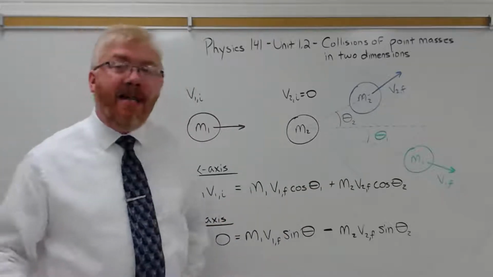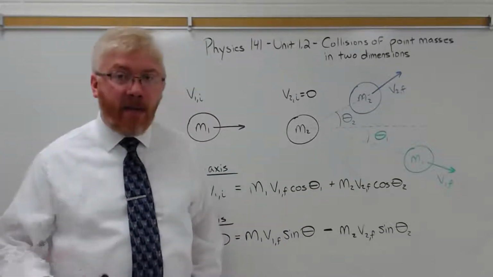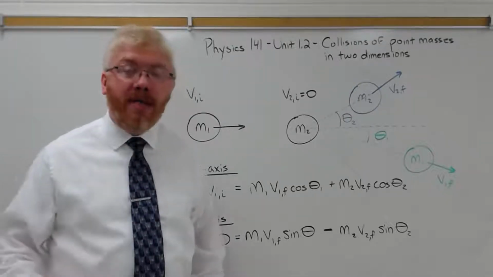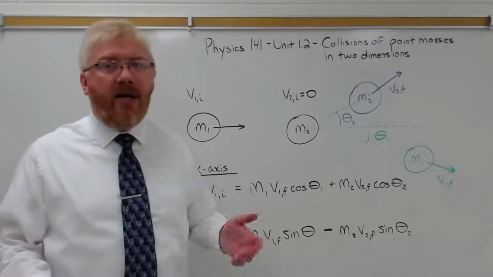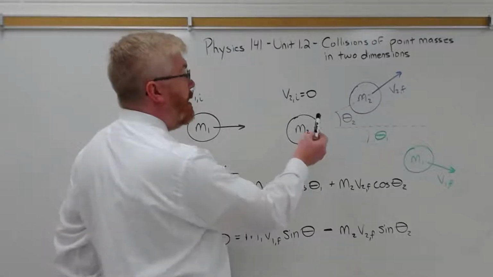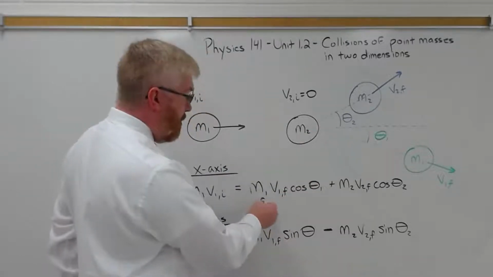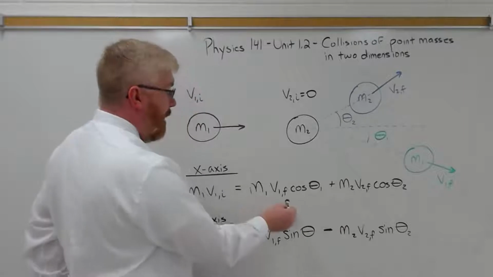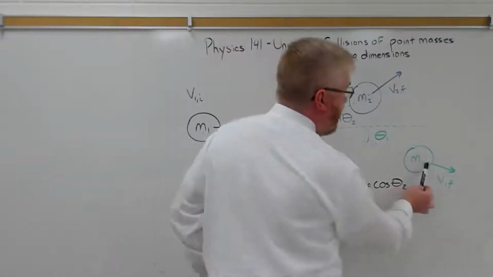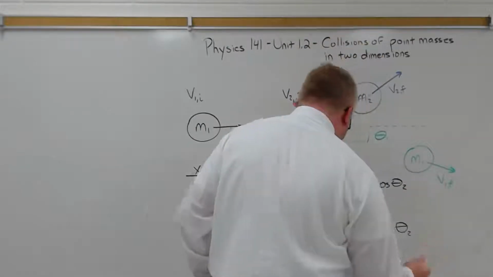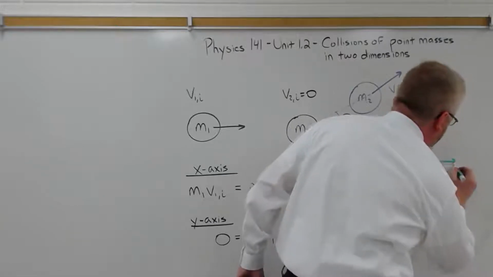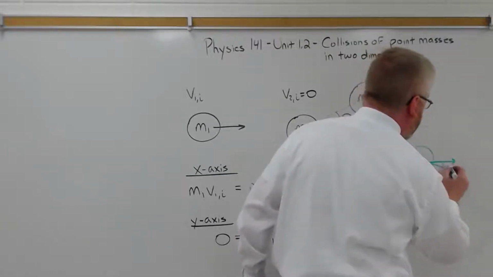However, we're just interested in the x component of the momentum, which means we're only interested in the x component of the velocity. The masses don't change. The masses are scalars. So the final momentum of object 1 depends on the mass of object 1 and the velocity of object 1 in the x direction. If this is the velocity of object 1, there is some x component to that velocity. This is angle theta 1.